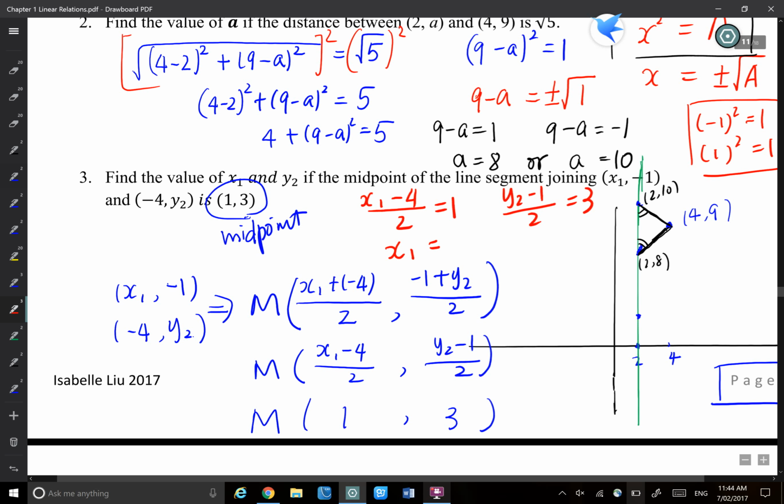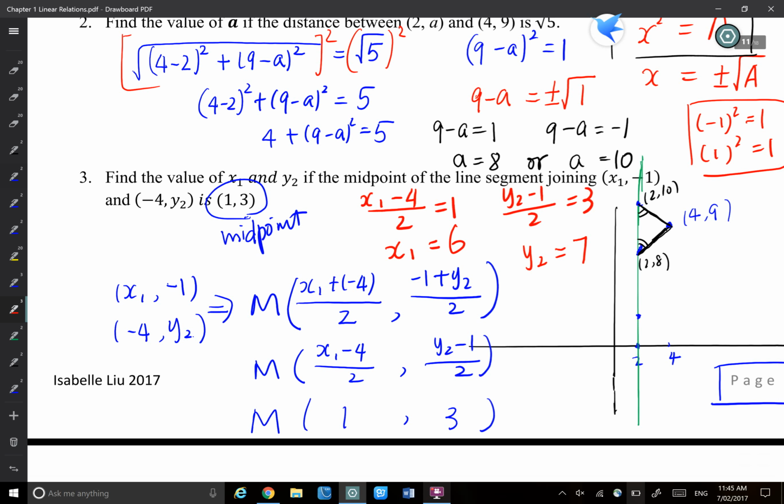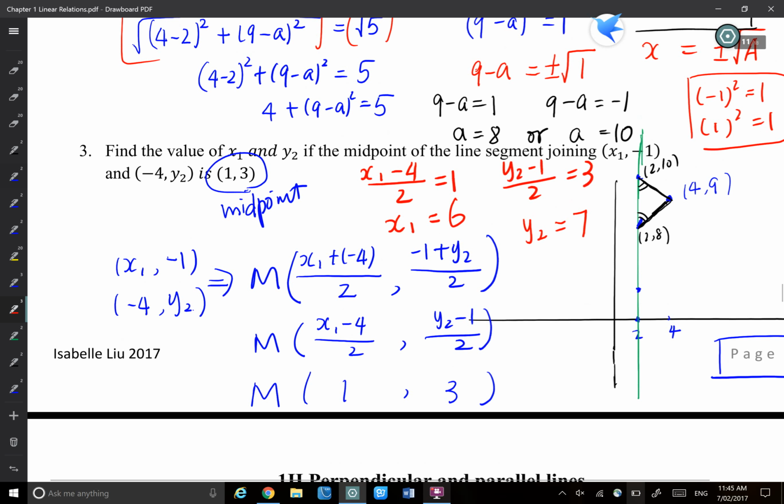You can solve out x1 equals 2 plus 4 equals 6, and then y2 equals 7. You can use this to set up a linear equation and solve for x1 and y2.